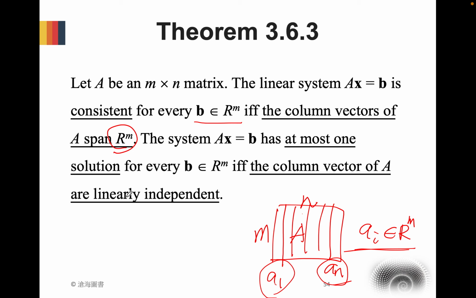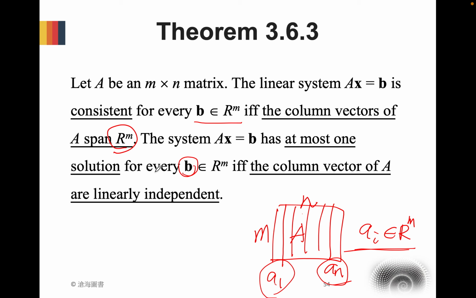If the column vectors of A are linearly independent, and because they are linearly independent, the way to represent the vector b would be unique.